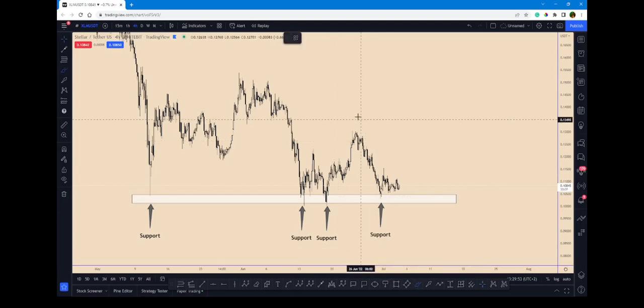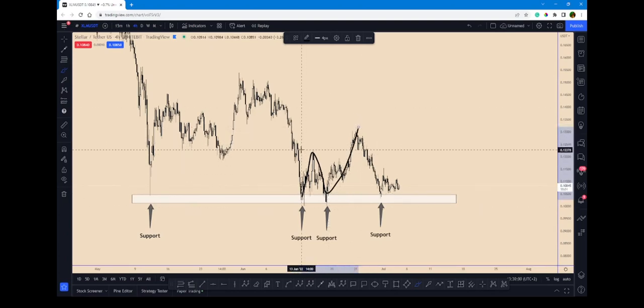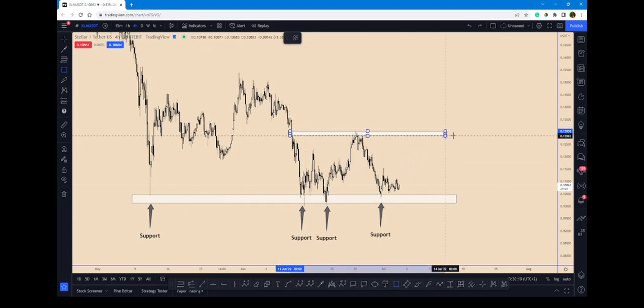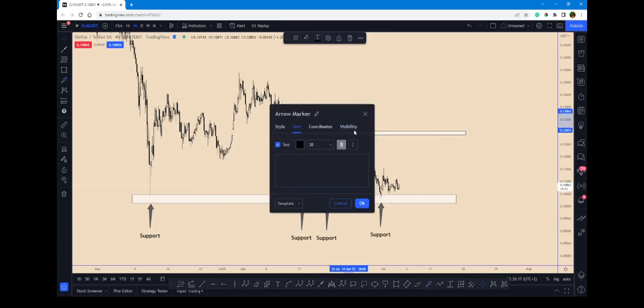The resistance areas are located again when the price was making this type of movement, higher high and higher low. So we are going to look for the strongest tops. We are going to place our areas right now. The first one is going to be this part, the first top, when the price faced resistance.